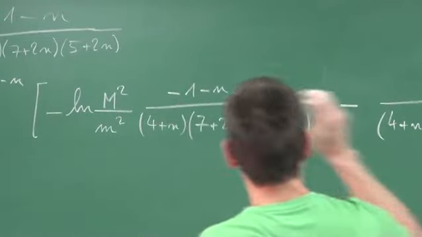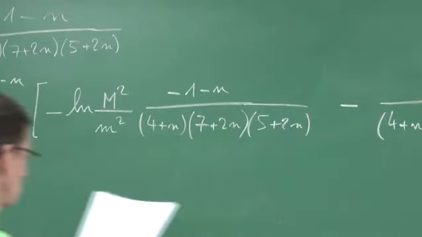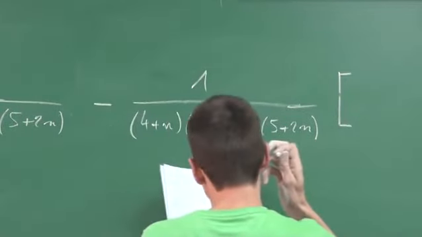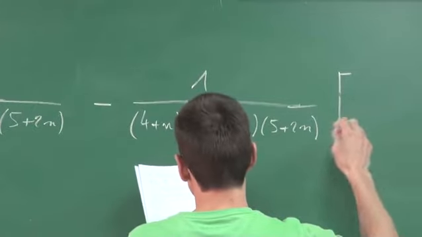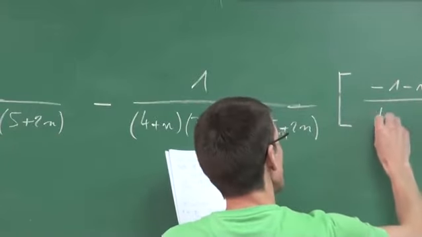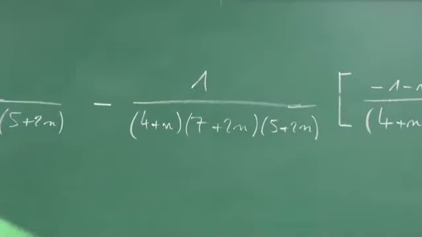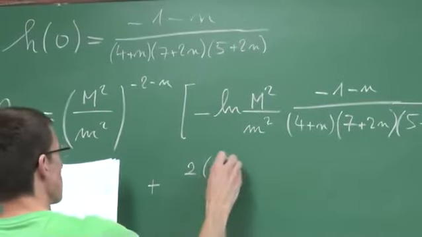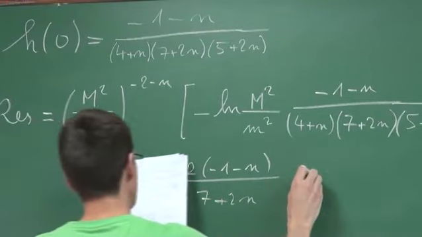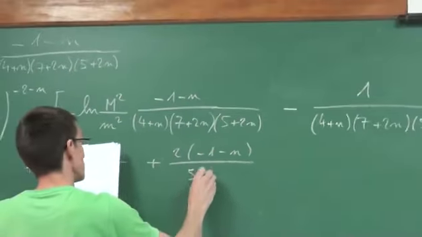In fact, I could have factorized this. Okay. Plus, I will factorize times minus 1 minus n divided by 4 plus n, plus 2 times minus 1 minus n divided by 7 plus 2n, plus 2 times minus 1 minus n divided by 5 plus 2n.